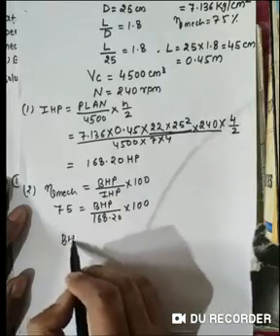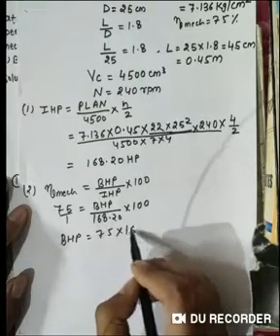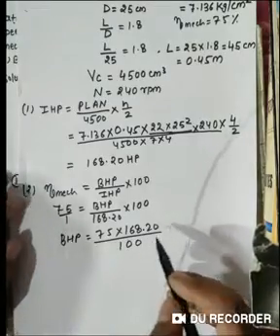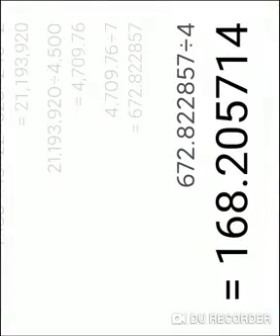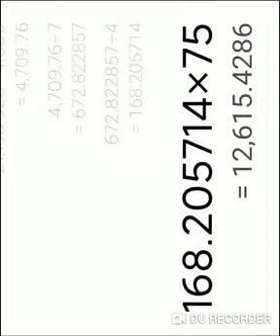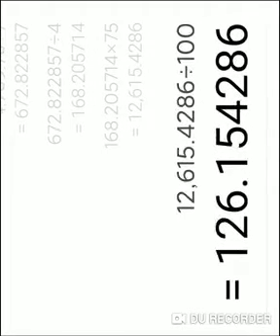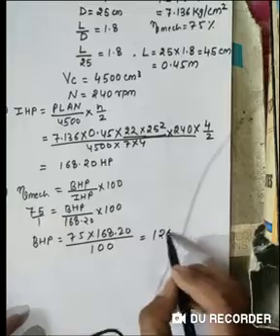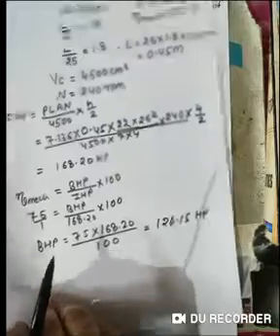So bhp, we have to cross multiply it. So 75 multiplied by 168.20 divided by 100. So your answer is 126.15 HP. Okay, so this is your answer.